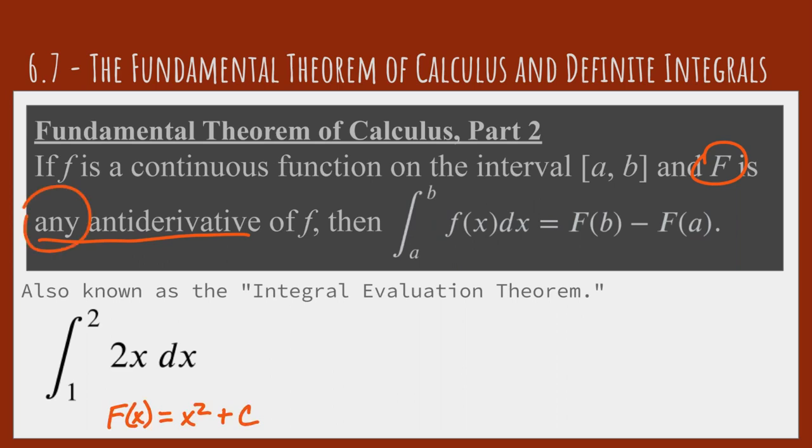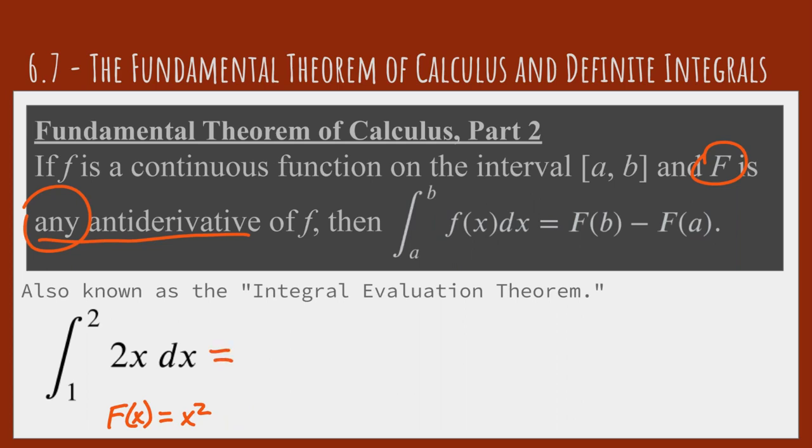But since it says any antiderivative, I can choose any value for c I want. I'm going to get the exact same answer regardless of what I choose for c. So if I call c pi, or negative 12, or e to the pi, or whatever, this is going to work. I'm going to choose the easiest one, c equals 0, and it's just x squared then.